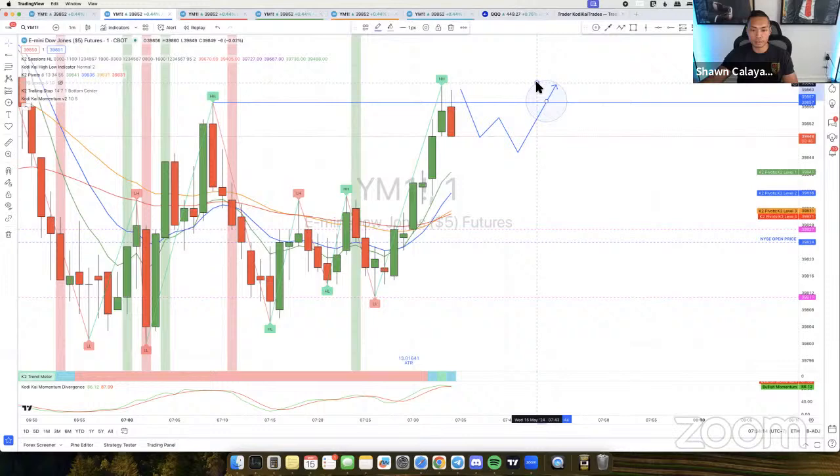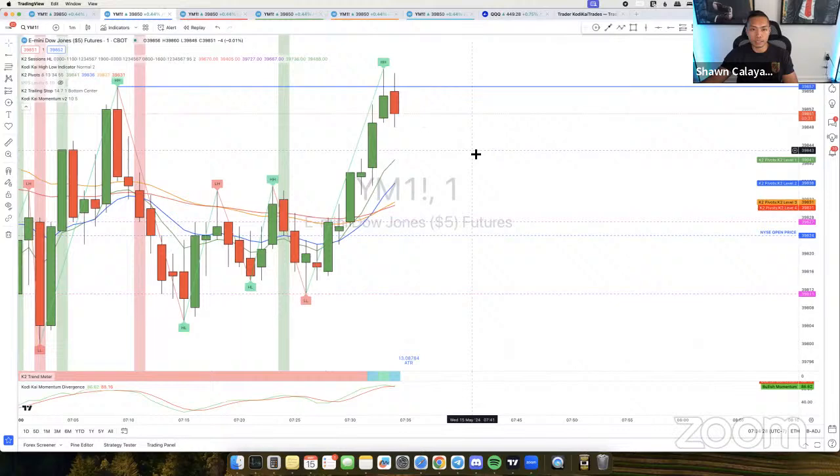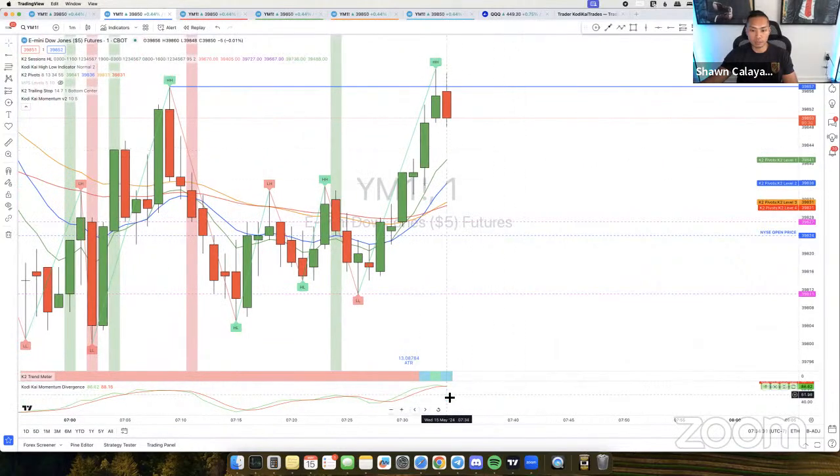So I want the retracement here to happen. It's currently happening right now. So I'll keep this level here marked up. It's not going to be an actual clean high-low scalp. I'm just going to use this as a confluence. The main entry that I'll be looking for to take here would be the momentum divergence. So you can see how the divergence here is happening. I'm hoping a red candle comes up here or even a couple of red candles to confirm the retracement.